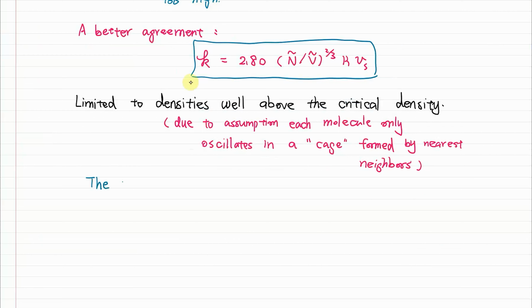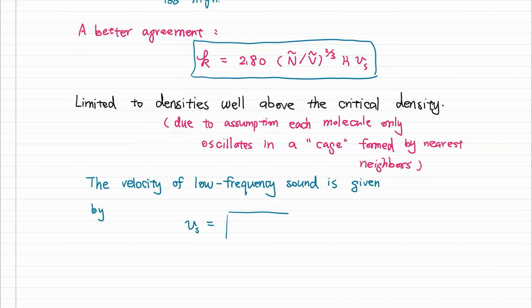The velocity of low frequency sound is given by V sub s equals the square root of Cp over C sub V times partial pressure, partial density at constant temperature.